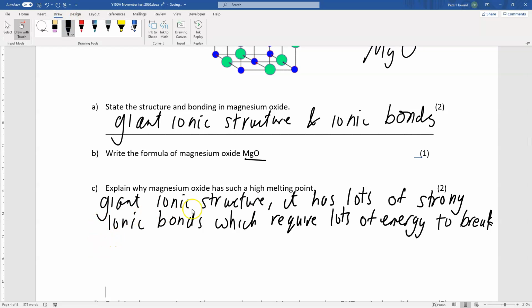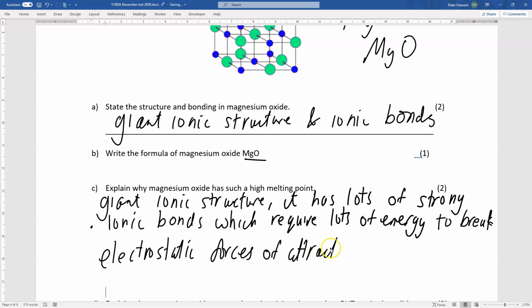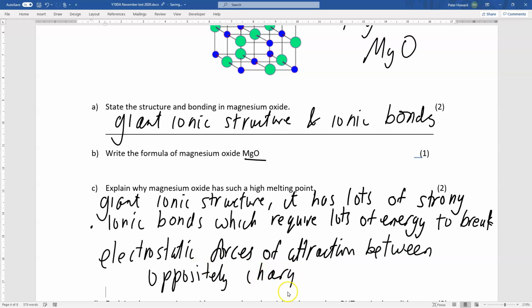So you could say giant ionic structure and lots of, instead of strong ionic bonds, strong electrostatic forces of attraction between oppositely charged ions. That would be an alternative to that bit there, just so you know where you sort of define what an ionic bond is.